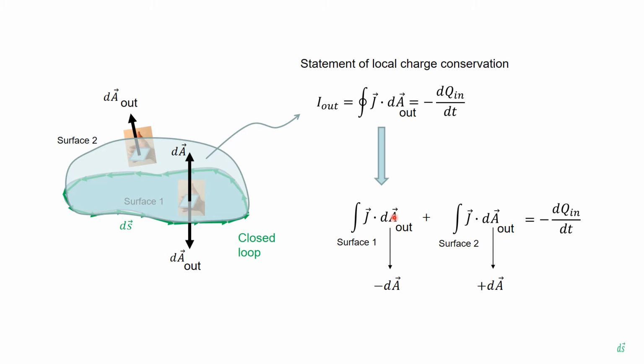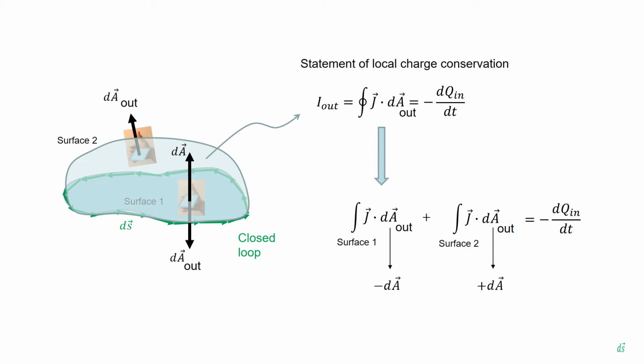So dA out for surface number one is minus dA, where dA is this vector here. That's the area vector that's useful for us when we're talking about the closed contour. For surface number two, it's already in the right direction because it's already obtained in the correct way using the right-hand rule. So we don't have to change dA out. It's just the same as dA.